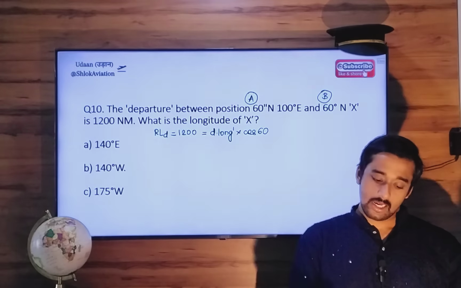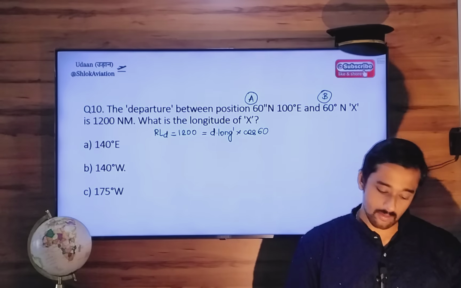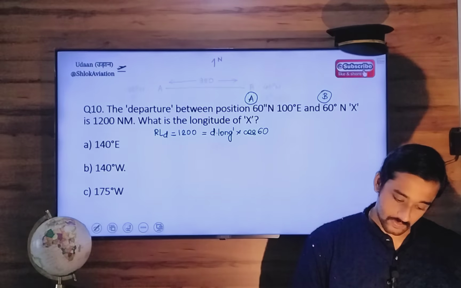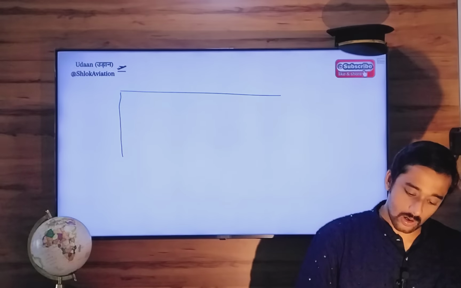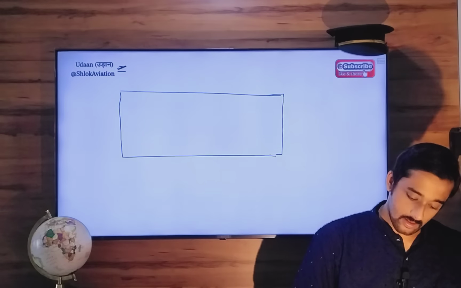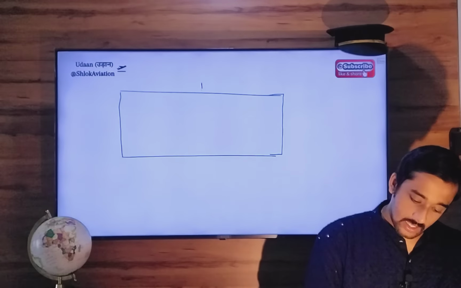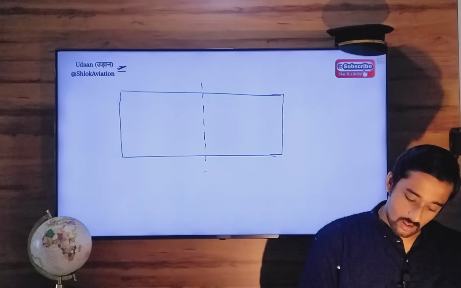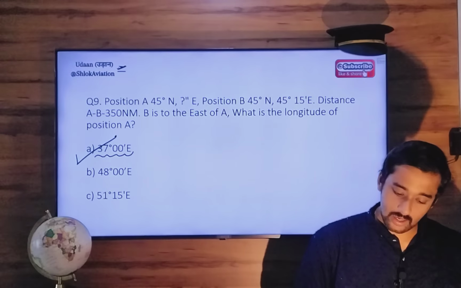Now, if the second position is in the eastern hemisphere, I'll explain it to you. We have two possibilities. You can just draw the diagram and guess the answer. We have a prime meridian in the center, and we have 100 degrees east longitude.